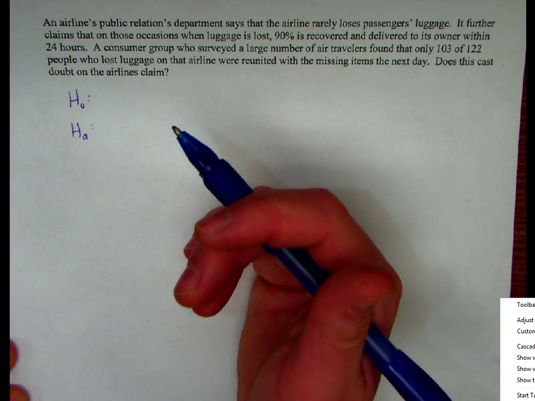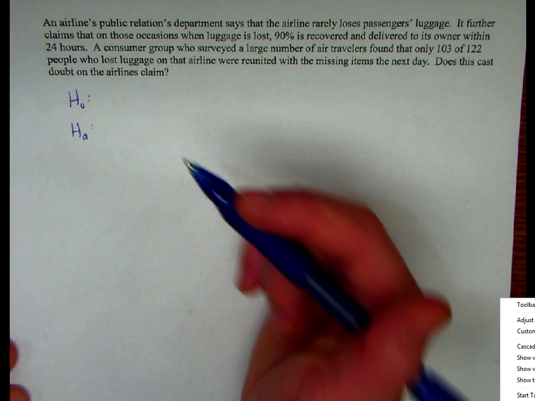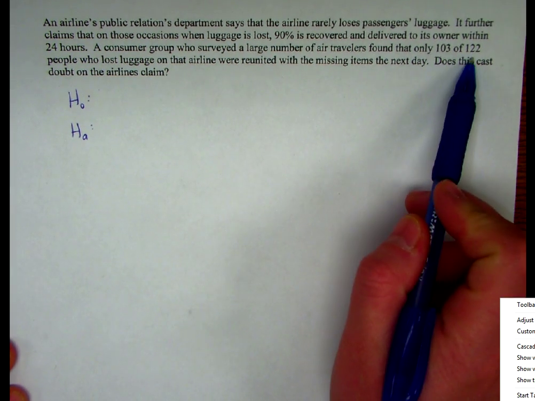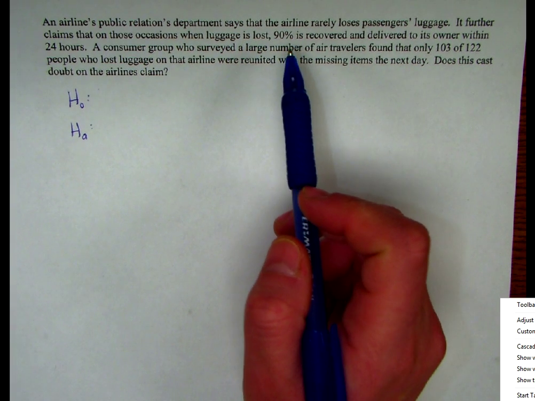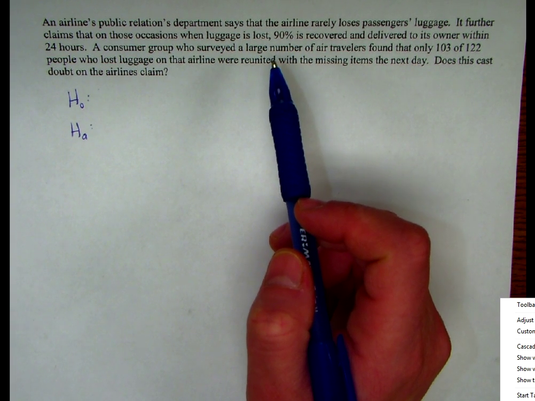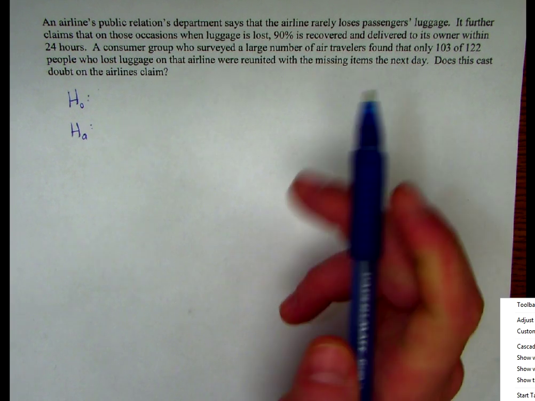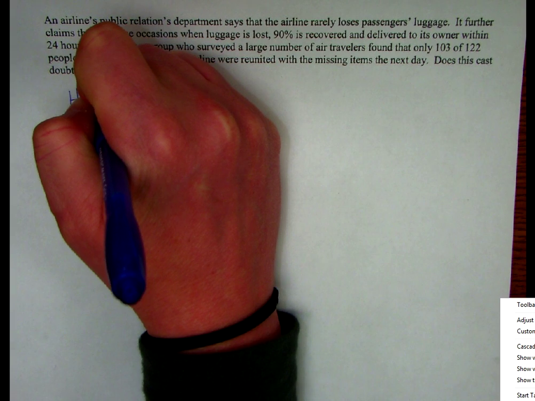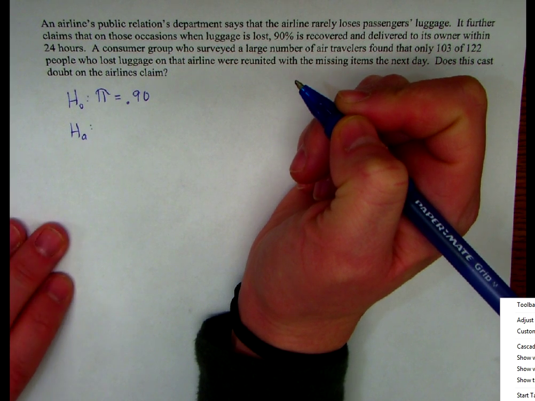This would be a proportion, because you see how it's 103 out of 122? 90 is a percent. That's how I know I'm on a proportion problem. It doesn't say anything about averages or means or standard deviation. So I'm going to use the Greek letter pi is equal to 0.90. That's the claim. That's all you have to go off of.